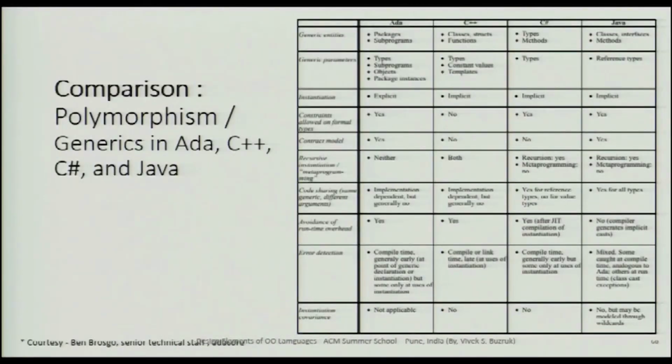There are different ways in which all these languages provide generics and polymorphism. I have listed a few of them down. One particular person from the ADA community has done this comparison to show how good ADA is, and that is where I copied it from.